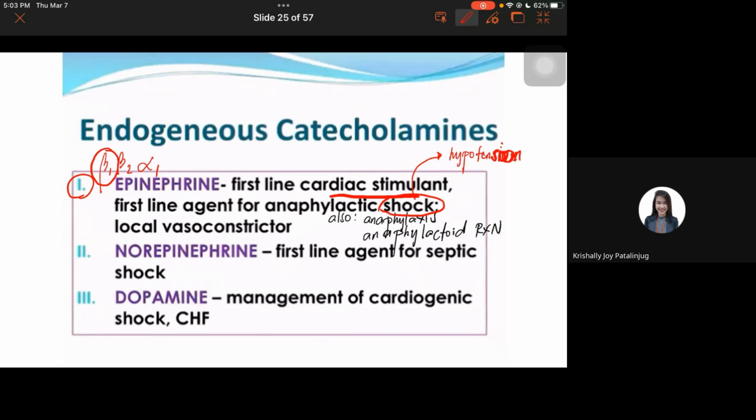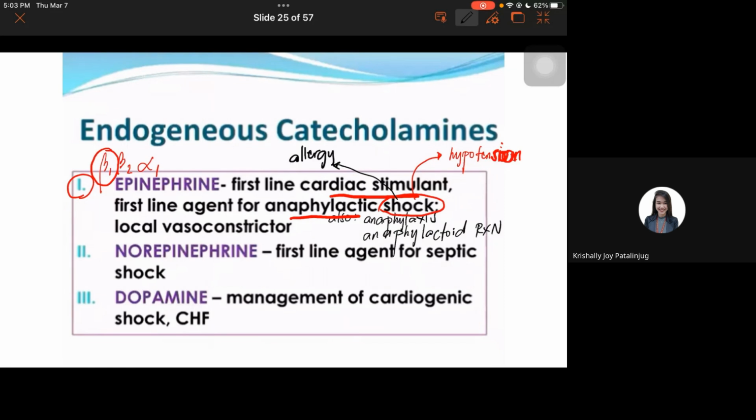Sabi dito, anaphylactic nga klase of shock state. So if that is anaphylactic shock, then the cause of that hypotension is allergy. That's the cause.